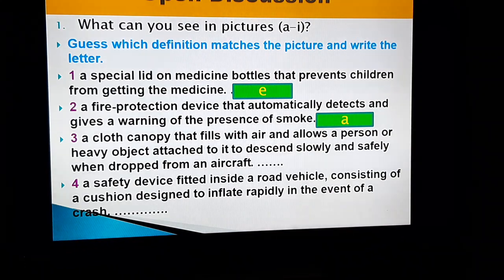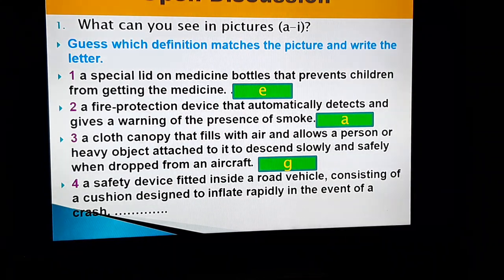We fill it with air and it allows a person or heavy object attached to it to land slowly and safely when dropped from an aircraft, from a helicopter or a plane. What's this? It can be a parachute, so it can be picture G.